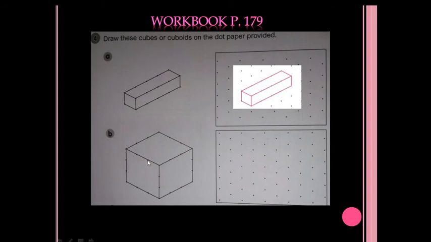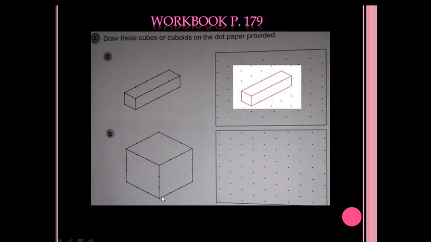Now part B, this is a kind of cube. Part A is a kind of cuboid. Now draw the cube in part B. Let's measure the width. 1, 2, 3. You draw in here, 1, 2, 3, and then the depth also 3, right?